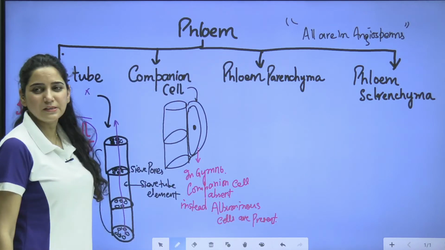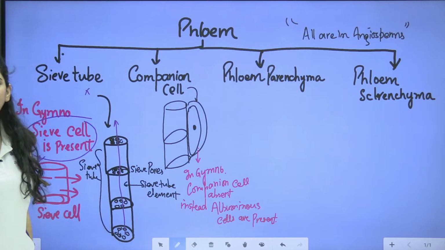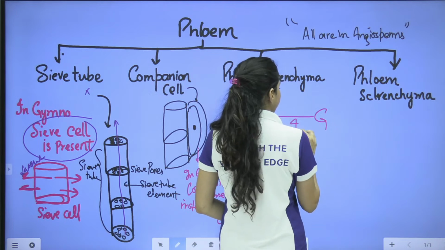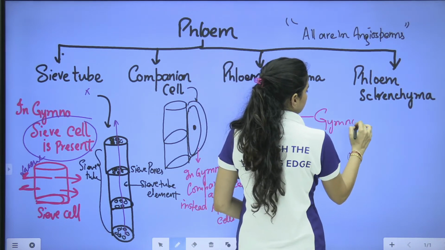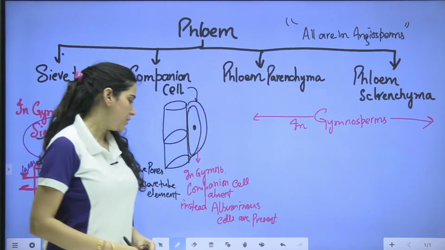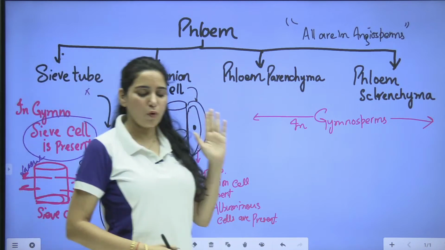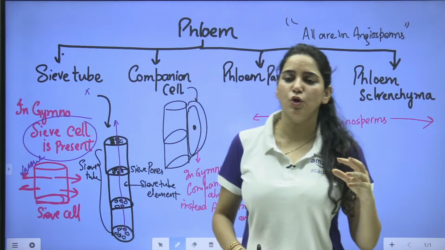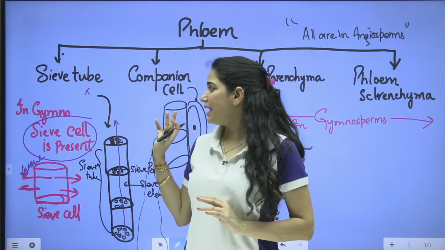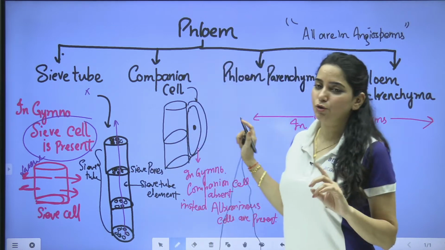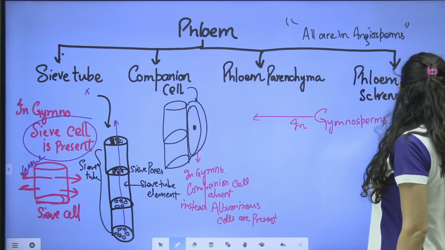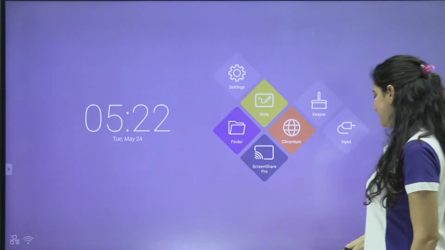Okay, so this is the second case. Then, phloem parenchyma, these are present in gymno. They are found in gymnosperms. Okay, so क्या देखा हमने कि phloem in gymnosperms, they have seed cells but they do not have seed tube. They do not have companion cells but they do have albuminous cells in them. Okay, चलें, coming back to the question, let's see what was the question.